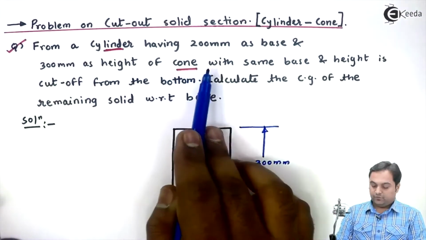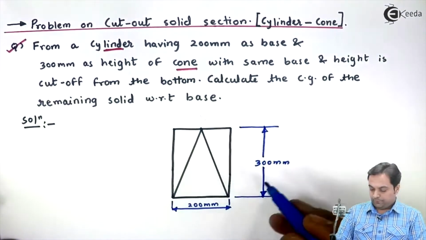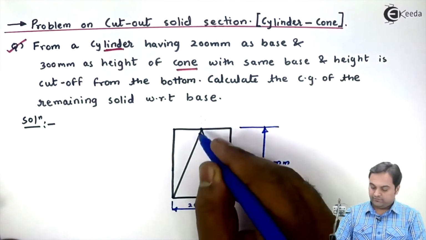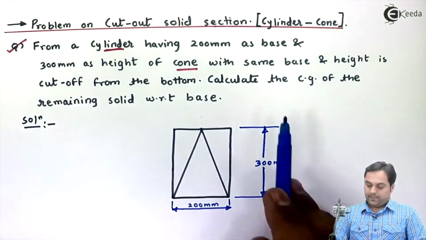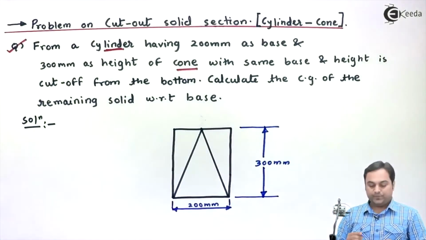So having the same base and height, we have a cone which is cut off from this cylinder. The question is calculate the CG of the remaining solid with respect to base.